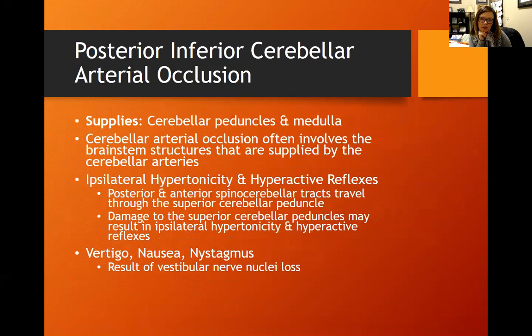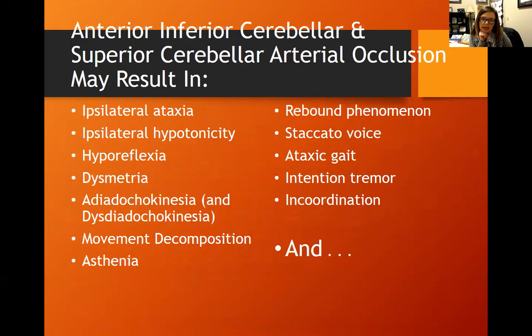And so if we look at PICA, posterior inferior cerebellar artery, we look ipsilateral, so we've got hypertonicity, hyperactive reflexes, and then we also had vertigo, nausea, and nystagmus. And so the anterior, or AICA, right, ipsilateral ataxia, hypotonicity, that's the big difference.